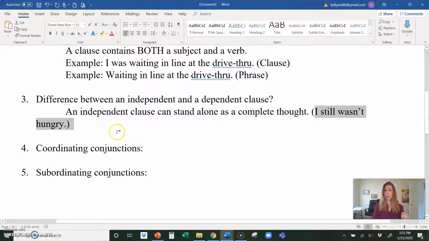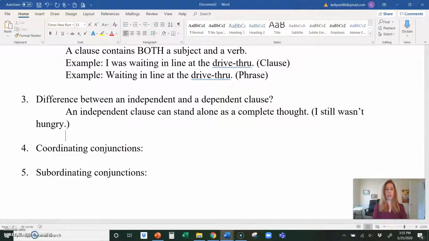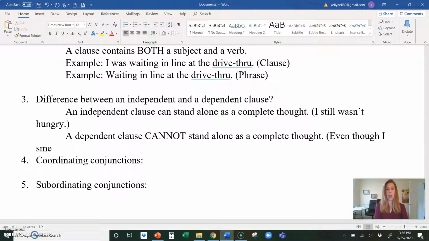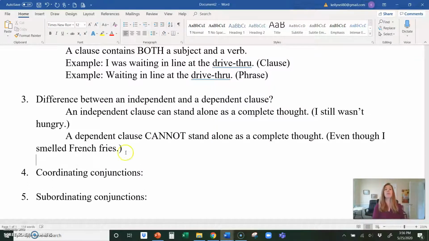Now, let's talk about a dependent clause. You can probably guess, if you didn't already know, a dependent clause cannot stand alone as a complete thought. And I'll give you an example of this too. If I said something like this, even though I smelled French fries, love some French fries.